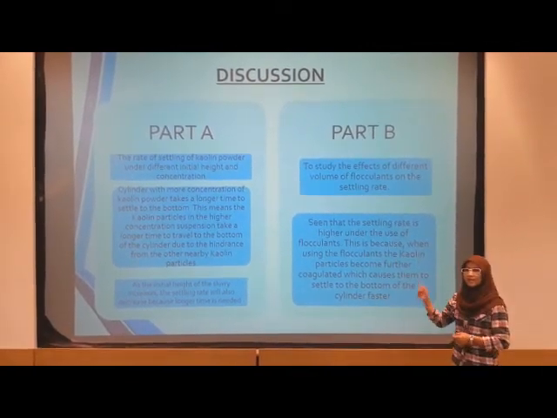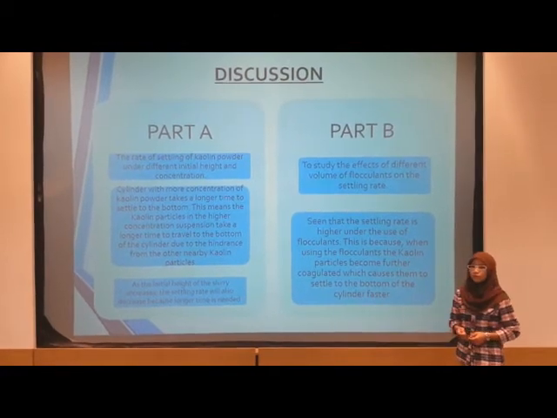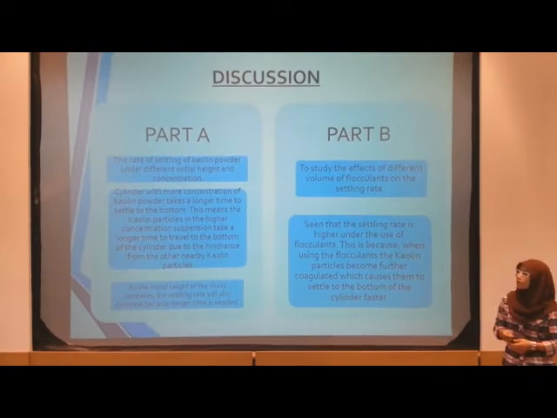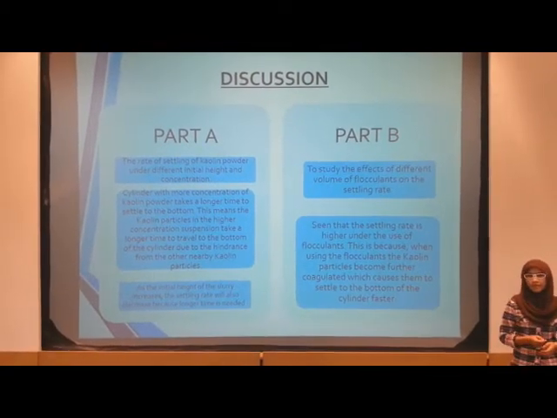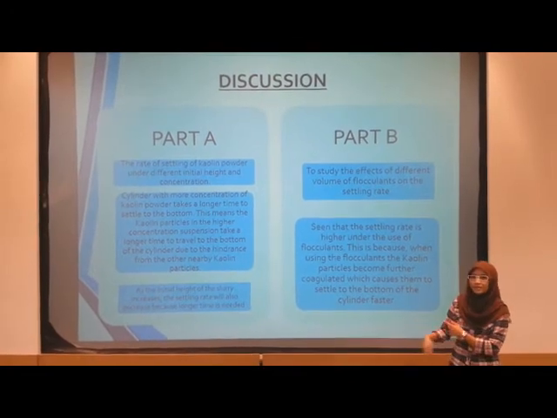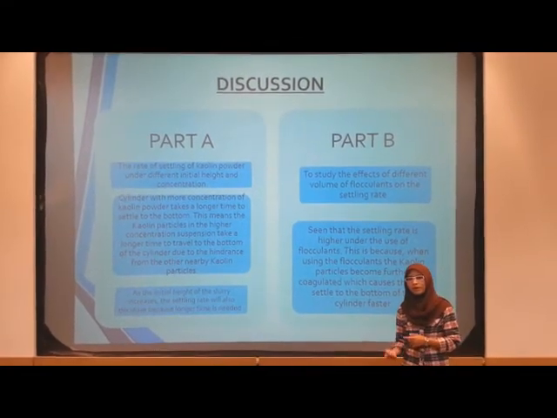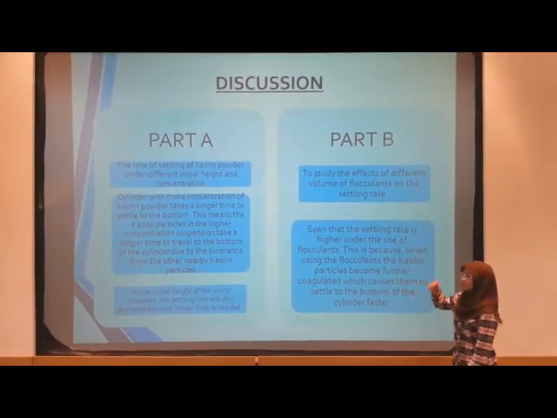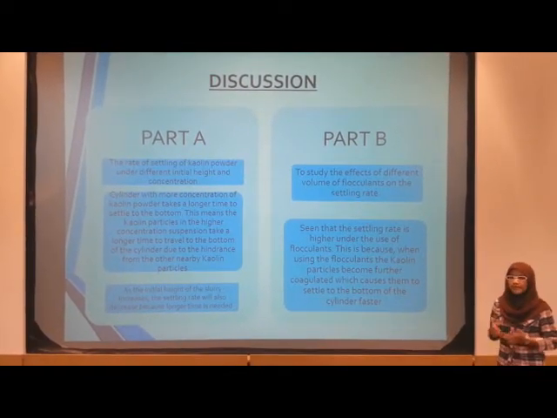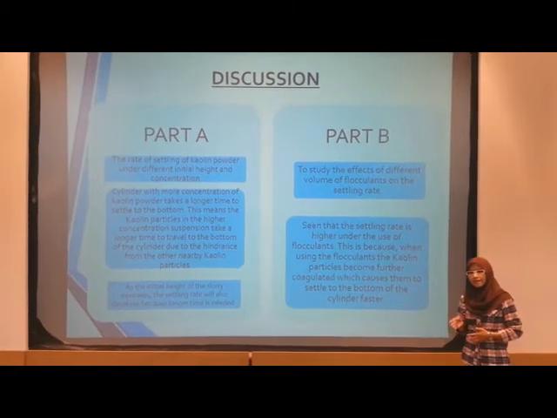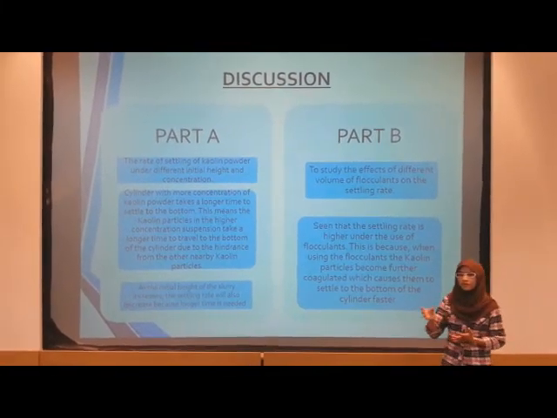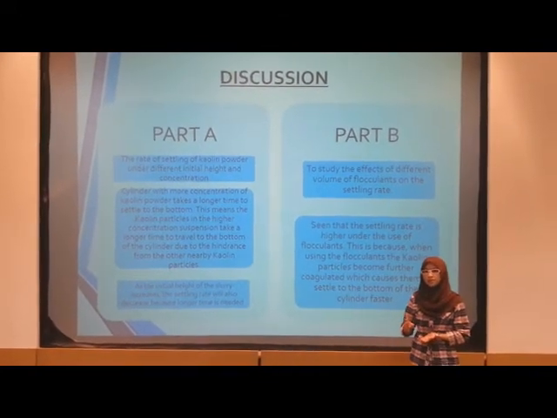So we move to the second part, which is part B. In part B, we want to study the effect of different volumes of flocculant on the settling rate. In the second part, we use the same method as the first part, but the only difference is that we add the flocculant to the cylinder, and then we can see that when we add the flocculant, the time taken for the slurry to settle to the bottom decreases.